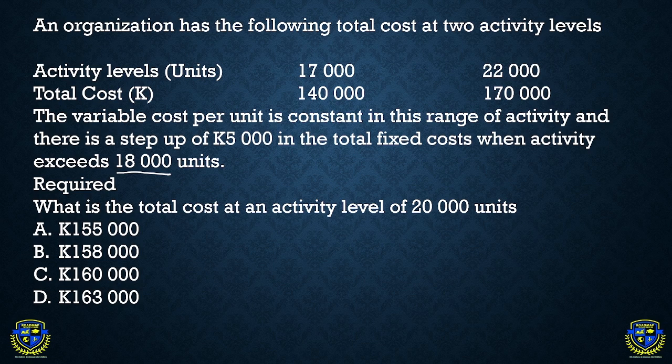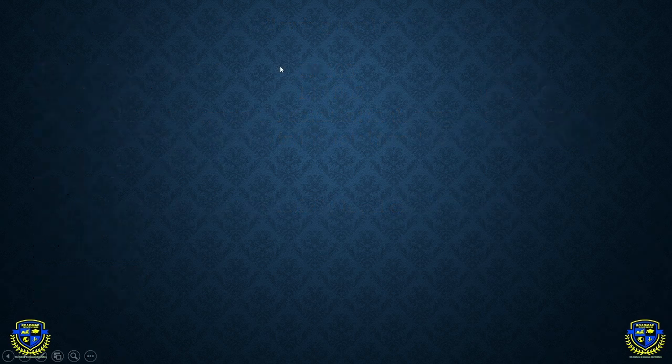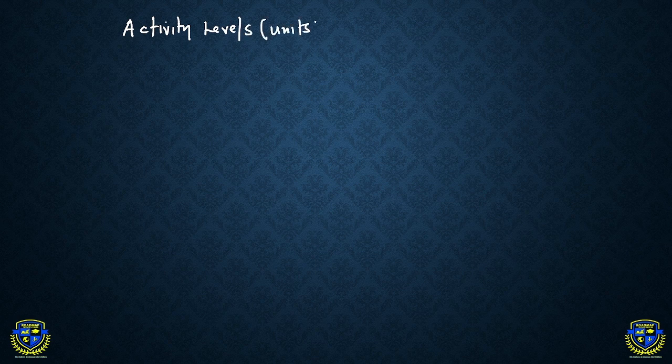Once we've got our 165, our levels of activity against the total cost is going to be like this now. We're going to have our activity levels, which are the units. In this case, we shall have 17,000 and 22,000.